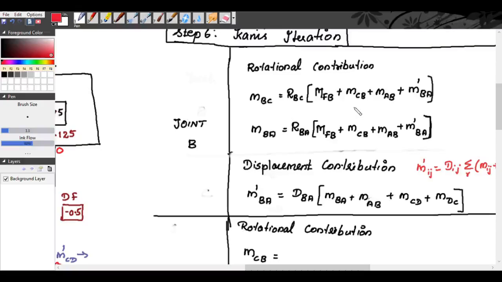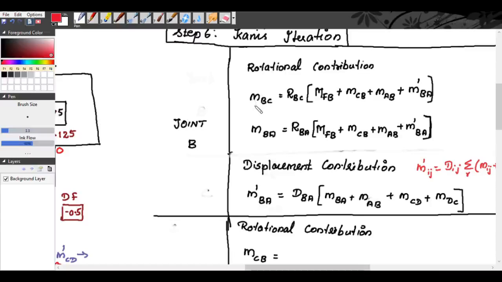So here the rotational contribution is M'BC, that is rotation factor multiplied by the fixed end moment plus rotational contributions plus displacement contributions.